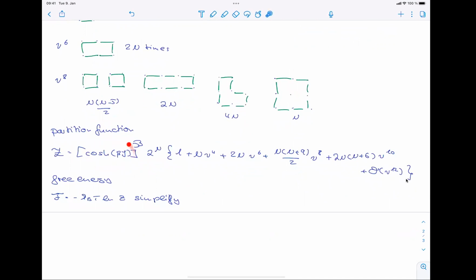We have this hyperbolic cosine term, and I'm going to write the cosine as 1 over the square root of 1 minus the tanh squared of beta J. Why am I doing this? Because this is exactly how I defined my expansion variable. So that's v squared.